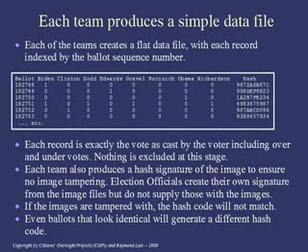Now, as a result of the recognition phase, each team produces a simple data file, and I've shown an example segment of the ones that we just looked at. The first column is the ballot number, and then there are columns for each of the races, in this case Biden, Clinton, Dodd, Edwards.